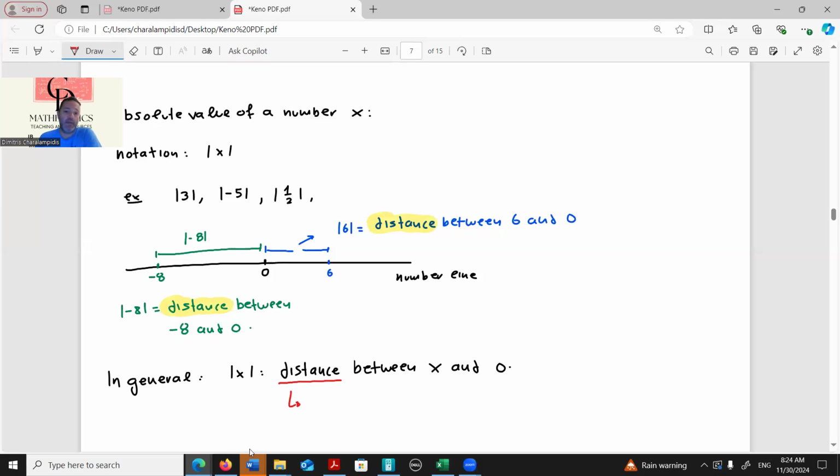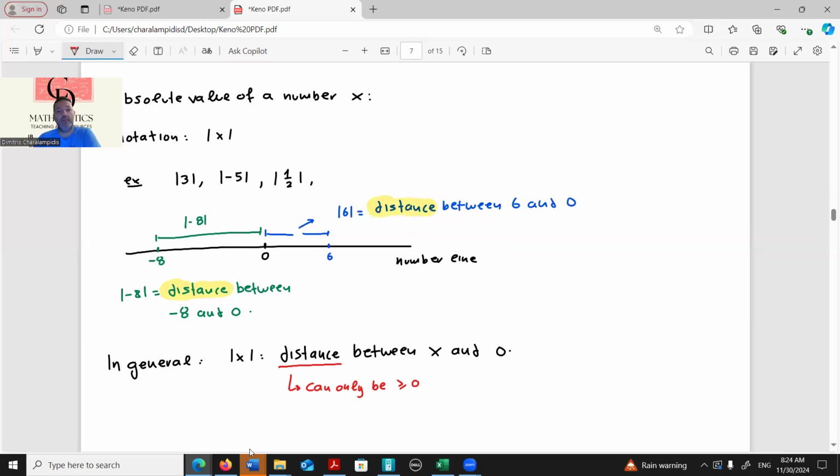Another interesting thing regarding that definition and the word distance is that the distance itself, as in real life, can only be greater or, in the worst scenario, equal to 0. We cannot have negative distances. So this means that for any number x, its absolute value, since it stands for distance, should always be greater or equal than 0.